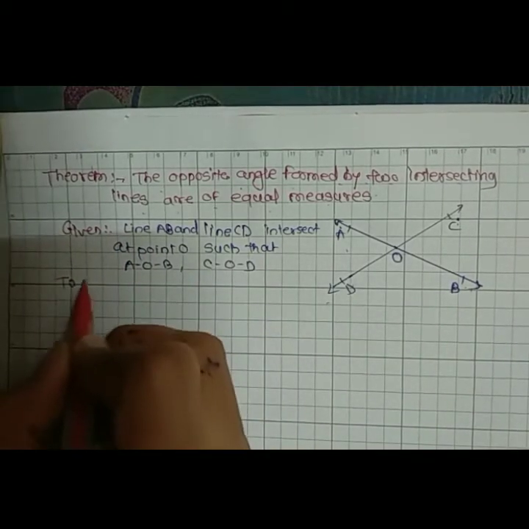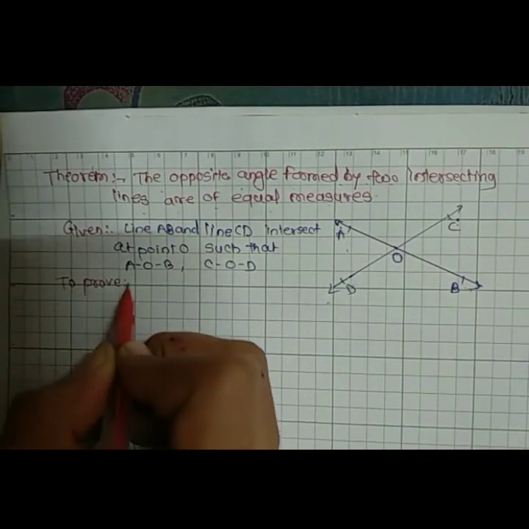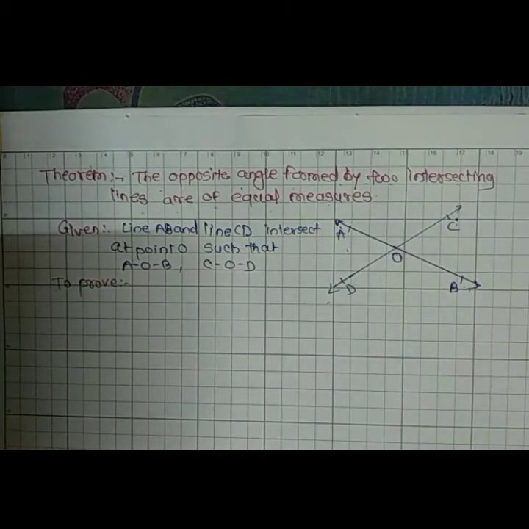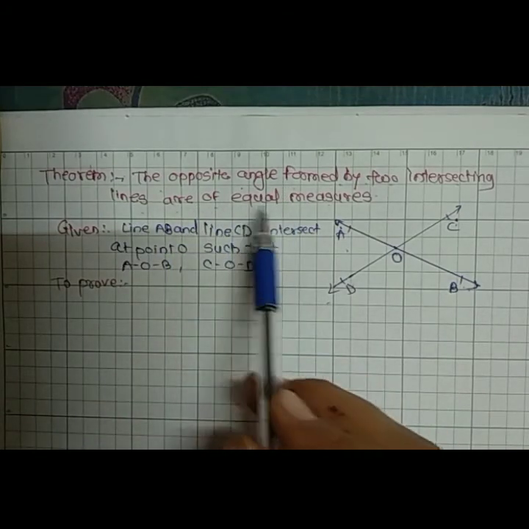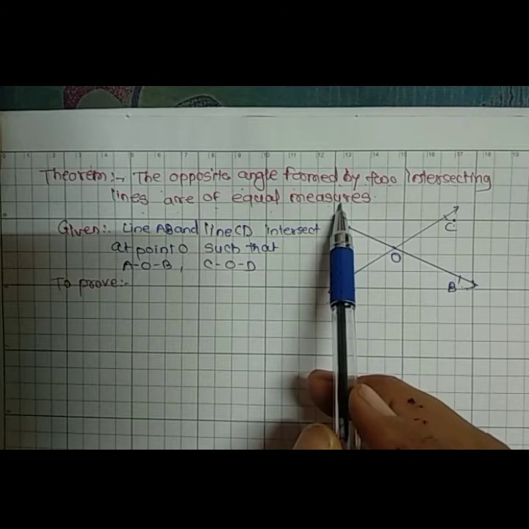Now, which statement do we have to prove? That is the consequent part: the angles are of equal measures.